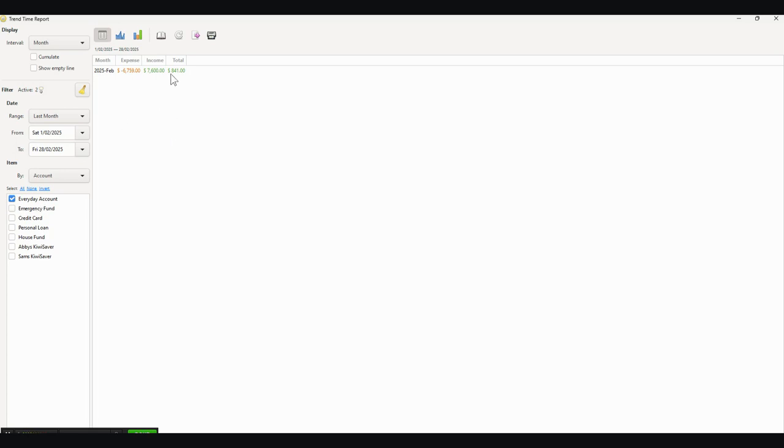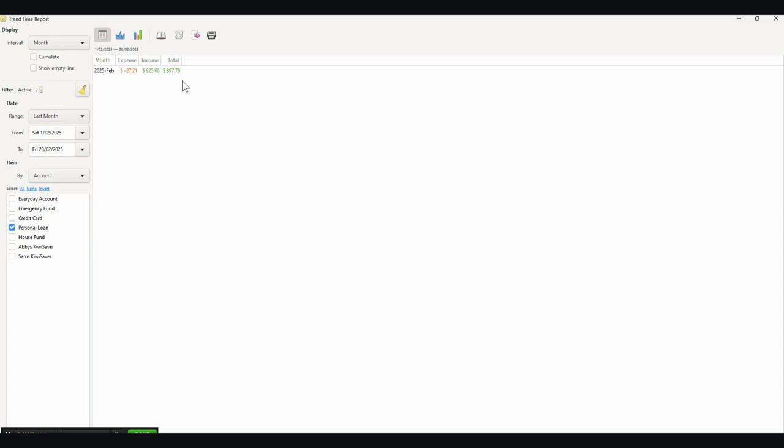Now you can see each individual one, so you can see where they changed. Their everyday account went up by $841. They saved into their emergency fund, which went up by $300. Their credit card went down by $275, so they spent less on their credit card.